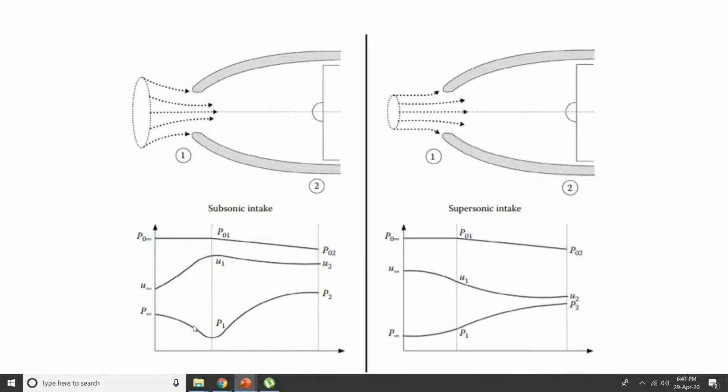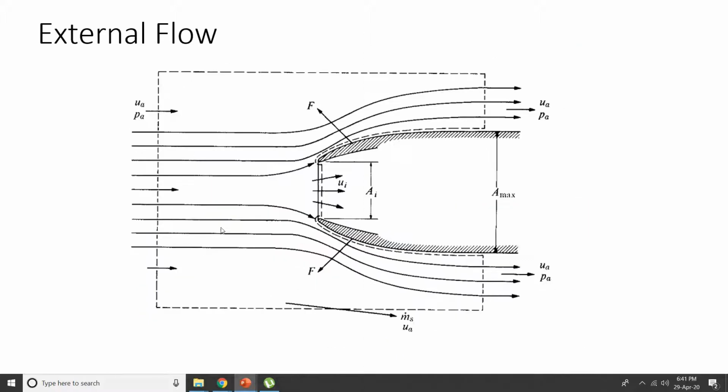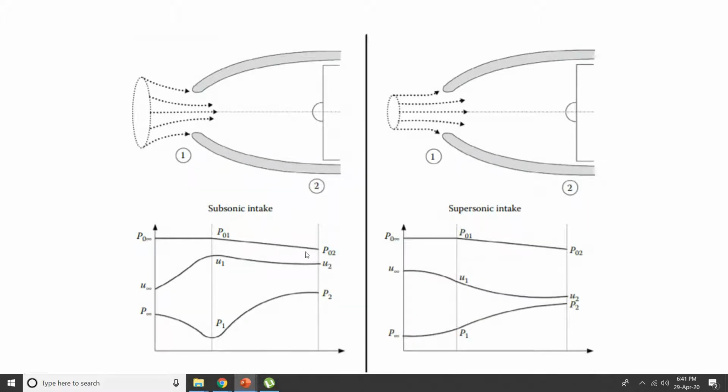Therefore your pressure should decrease and then it will increase. Whereas your stagnation pressure, since this is completely isentropic, here it will be a straight line, and here you lose your stagnation pressure point. So your main aim is to get the second point, P02, as low as possible, that is, as straight as possible.